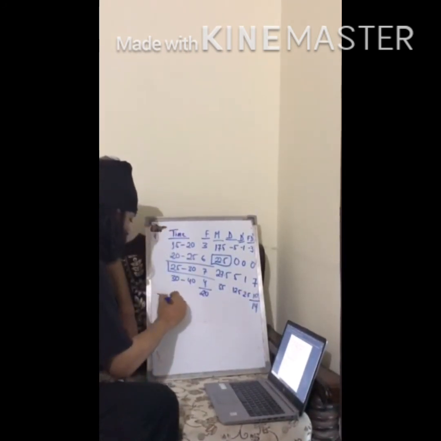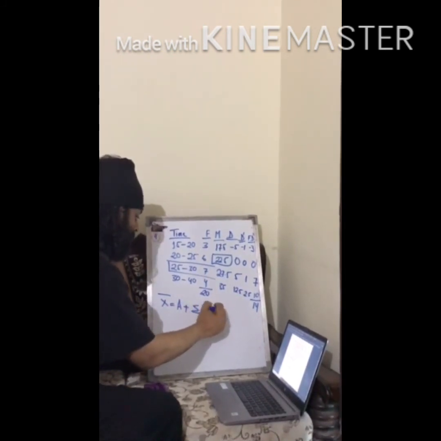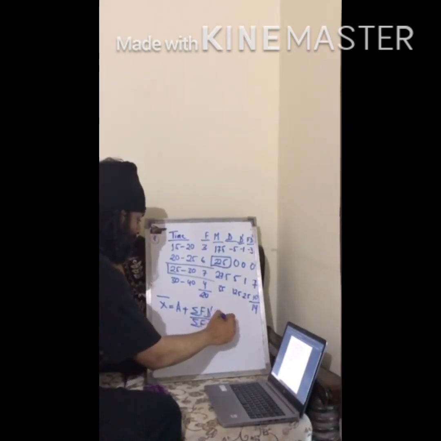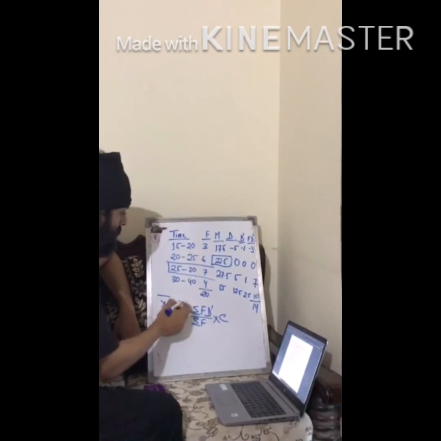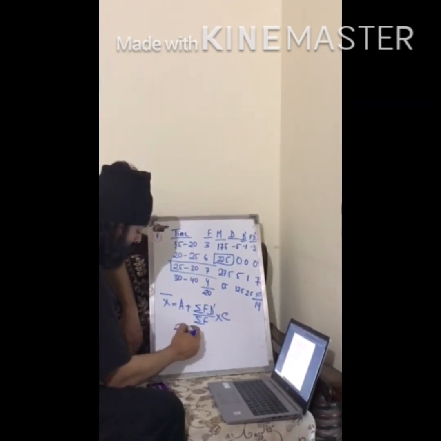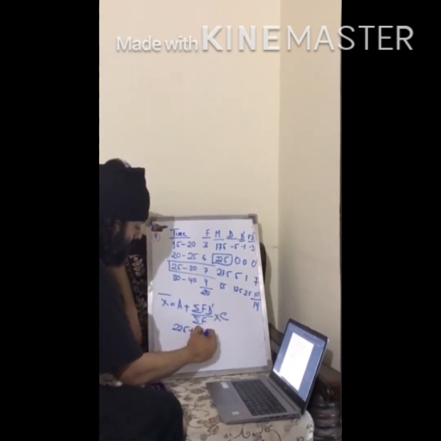And the mean will be given by A plus summation of f d dash divided by summation of f, multiplied by C, where A is 22.5. 22.5 plus summation of f d dash is 14.